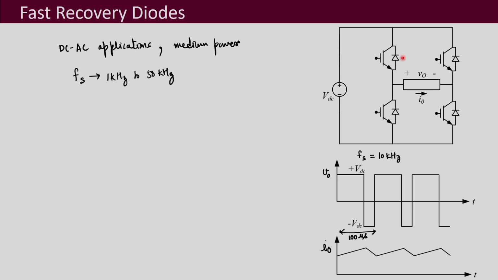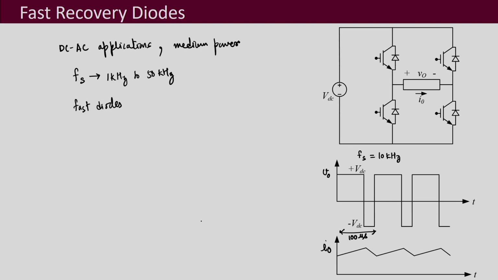So, whenever these diodes have to conduct, they have to turn on and turn off corresponding to this switching frequency of 10 kilohertz and relatively short time periods of 100 microseconds. That means here also we need fast diodes. But we also have to see that the blocking voltage requirement and current carrying requirement are high together, and many times the blocking voltage requirement will be greater than 100 volt.